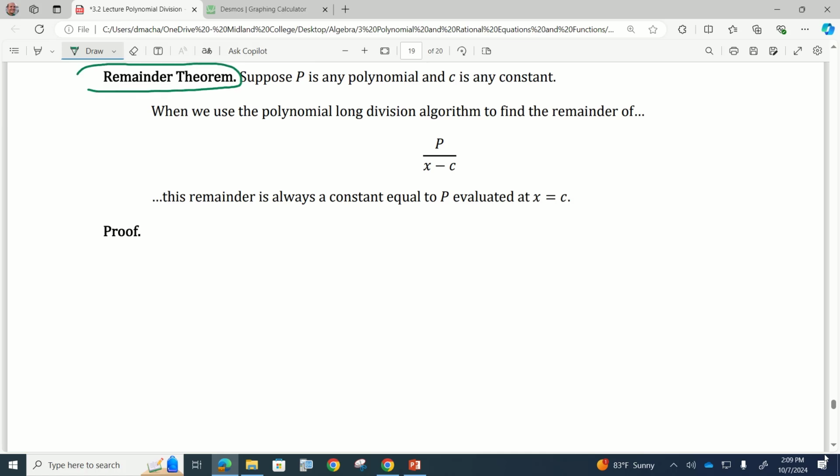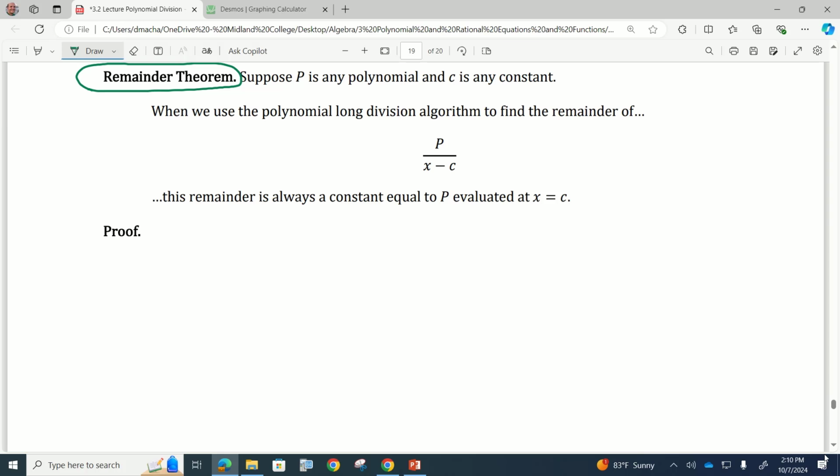And the remainder theorem states, let's say capital P represents any polynomial, right? This should work for all polynomials, not just one or two. So capital P is any polynomial, and c is any constant number.